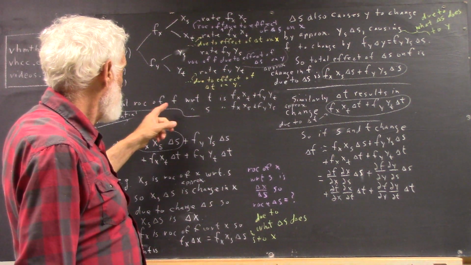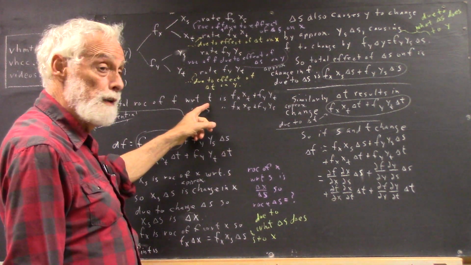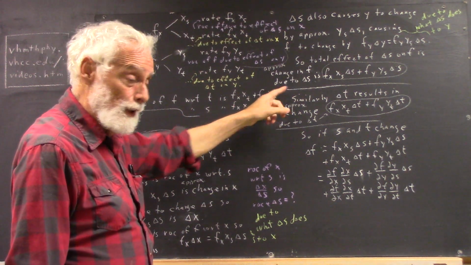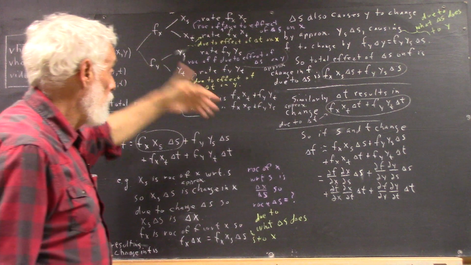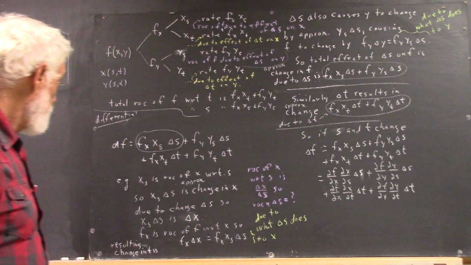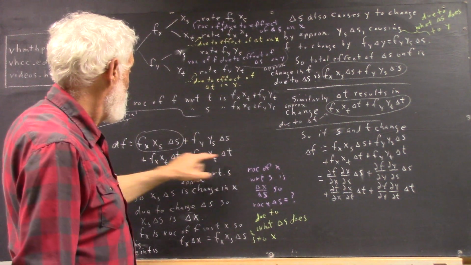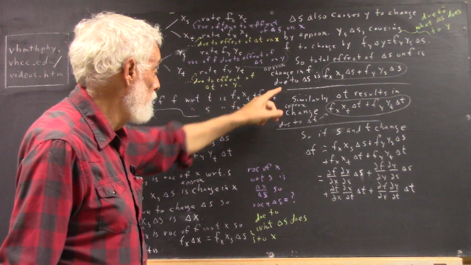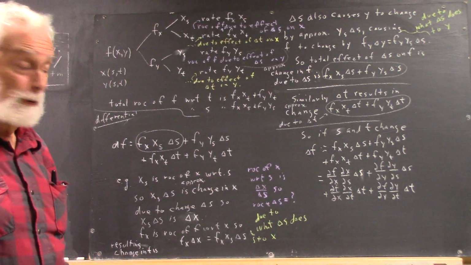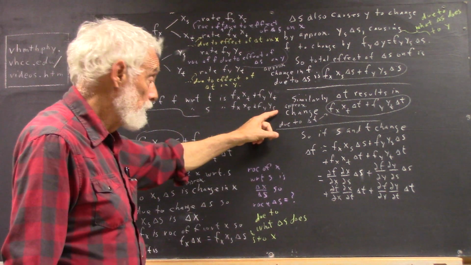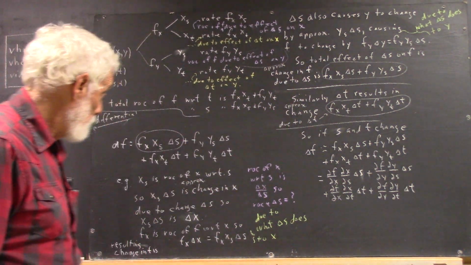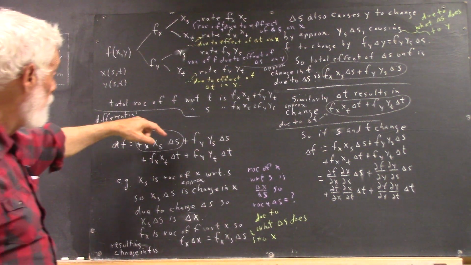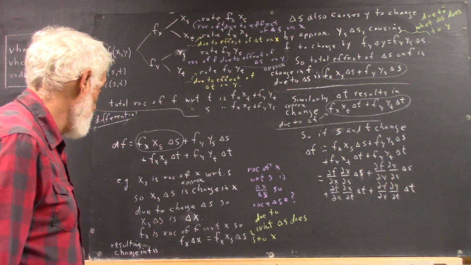If I take the total rate of change of f with respect to t, which is this, and multiply it by delta t, then that's going to give me the approximate change in the value of f. So here you see that this constitutes this expression multiplied by the change in t. And if I multiply this expression by the change in s, that will give me the total approximate change in the function due to the change delta s.